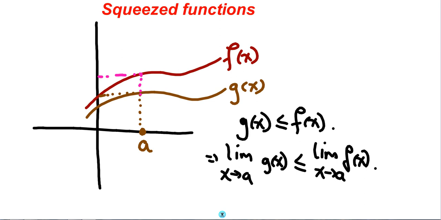What we are saying is that close to this point A, we can hold these functions together and squeeze them together. That's the word squeeze. Squeeze the functions f of x and g of x together.